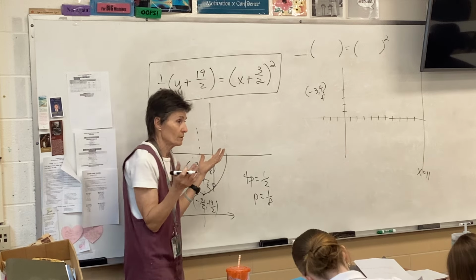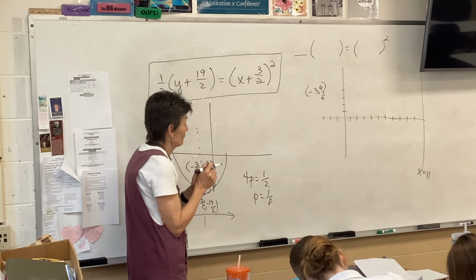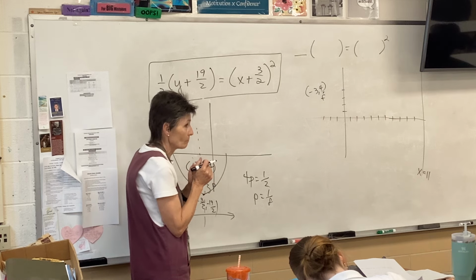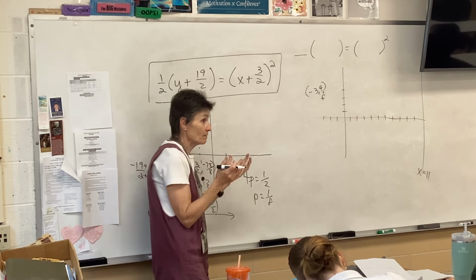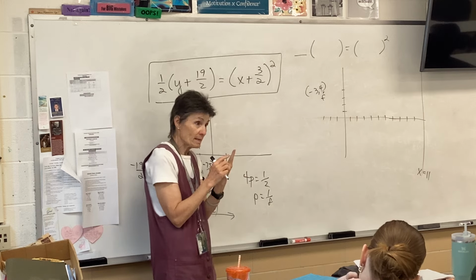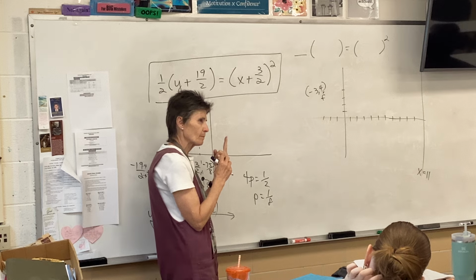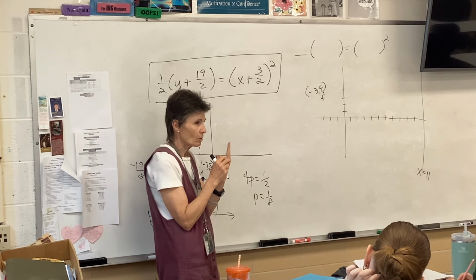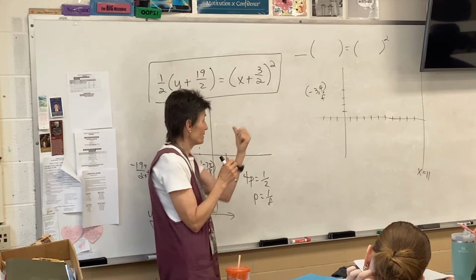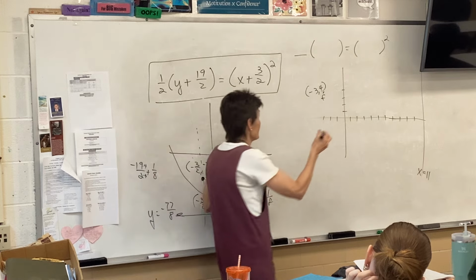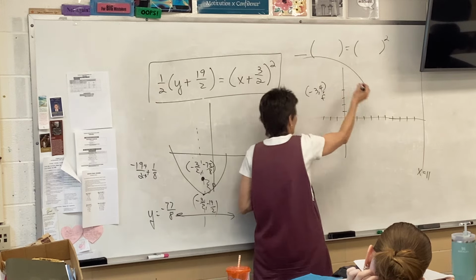Where do I even start? Well, I need the vertex, but even before I need the vertex, I need to know which way this thing opens. That's an important thing to know. It opens to the left, doesn't it? It has to wrap around its focus.